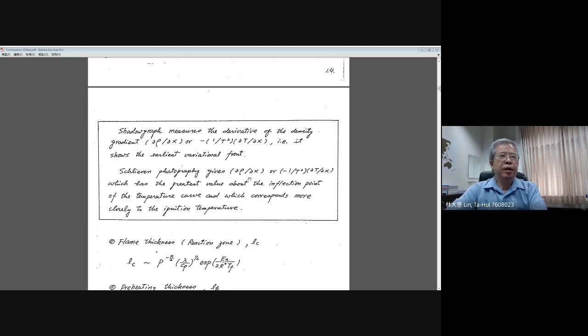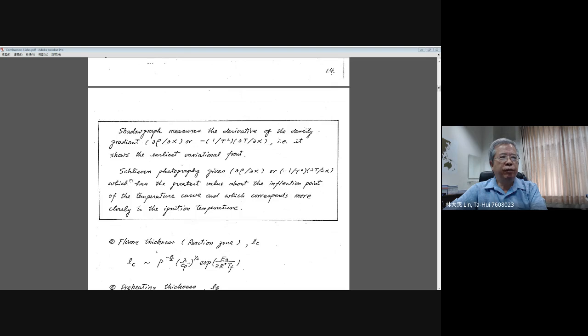Then, based on the ideal gas law, the density variation is compatible with the temperature variation. They are proportional. That means that if you can measure the density gradient, that point shows you the same temperature gradient.